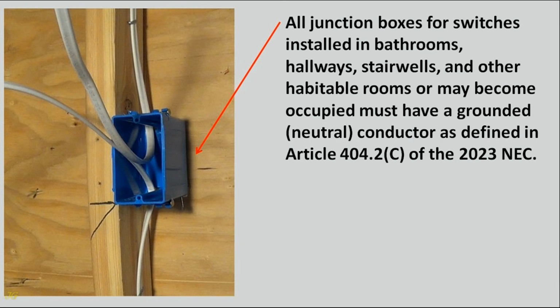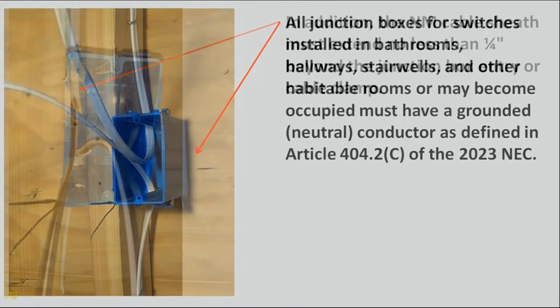All junction boxes for switches installed in bathrooms, hallways, stairwells, and other habitable rooms or that may become occupied must have a grounded neutral conductor as defined in Article 404.2(C) of the 2023 NEC.